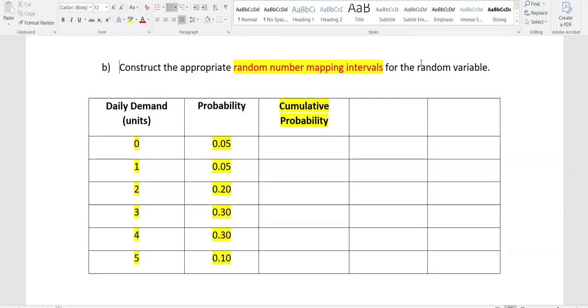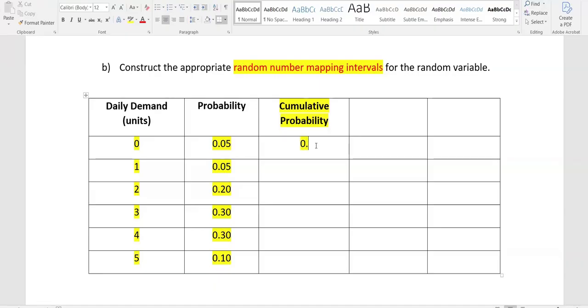Are you with me, guys? The first thing we're going to do is add an extra column to the table and call that column cumulative probability. Got it? Now, how are we going to find this cumulative probability?